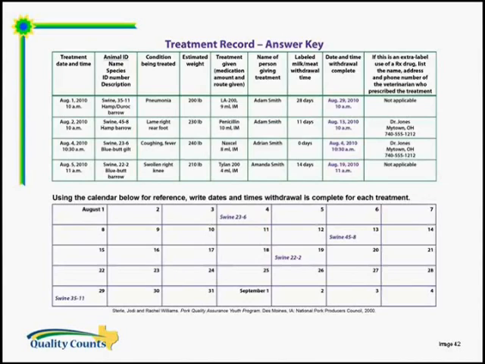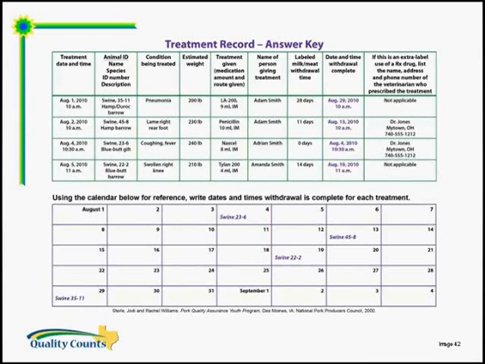For the second treatment, that was on August the 2nd. The animal that was treated was a swine, animal ID 45-8. It was treated for a lame right foot. The weight was 230 pounds. It was also treated with an antibiotic, which is penicillin, 10 mLs intramuscular.